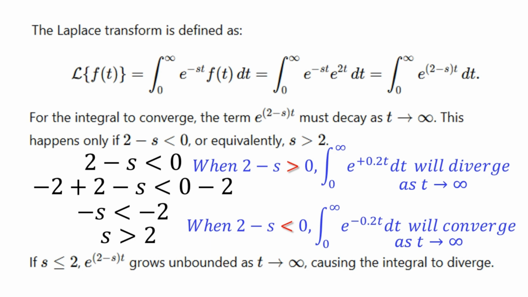But if x is less than or equals to 2, there will be a problem, because the exponential 2 minus x will diverge, it will become unbounded. This will help us to realize that it's not all functions that can have the Laplace transform. Even some may have the Laplace transform only under a particular region of the x interval.